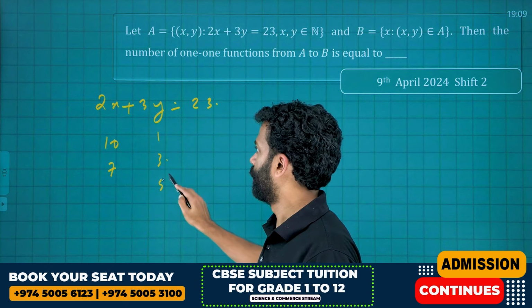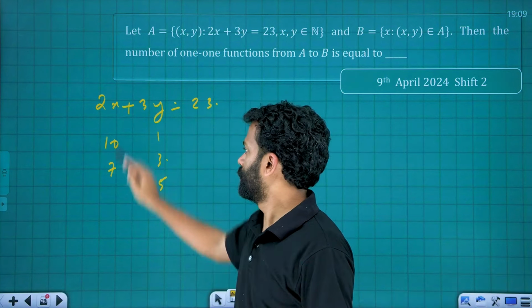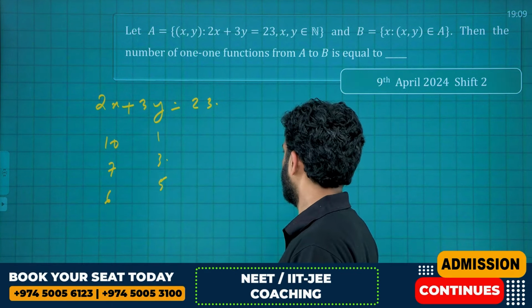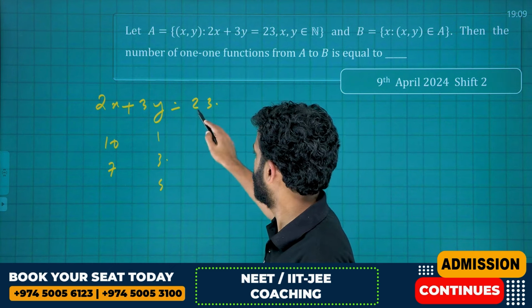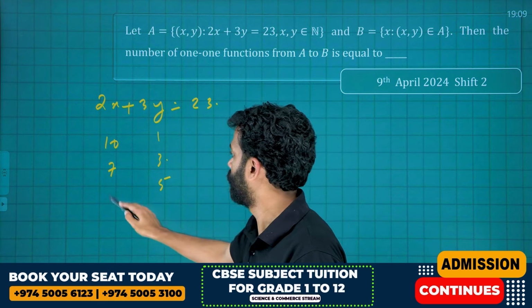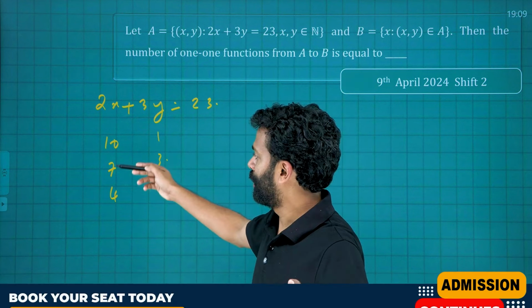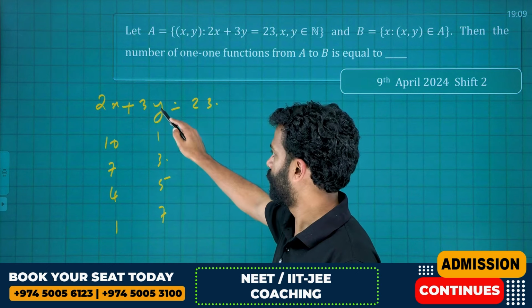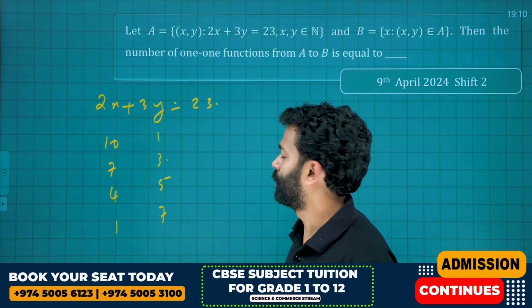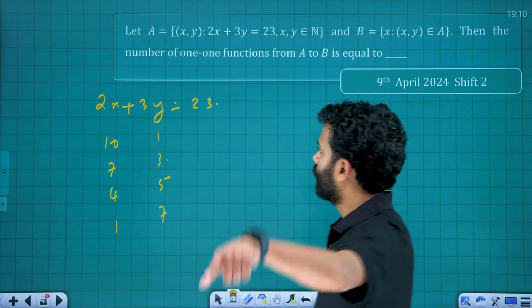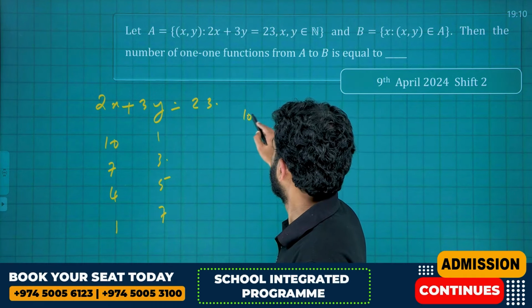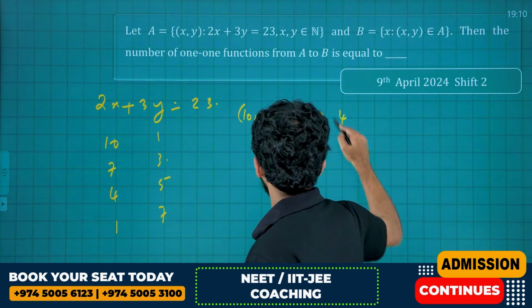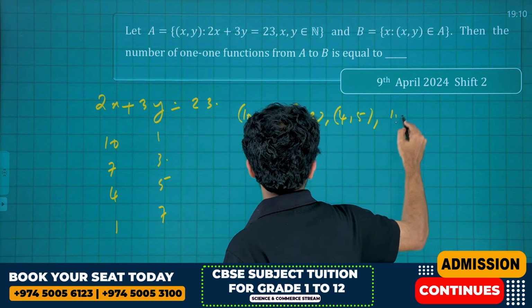Following it, y is 5 with x equal to 4, and y is 7 with x equal to 1. Therefore the ordered pairs will be (10, 1), (7, 3), (4, 5) and (1, 7).